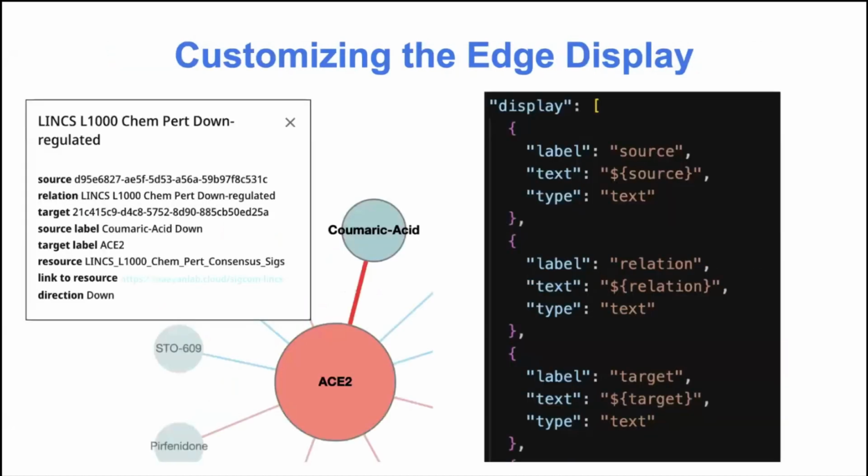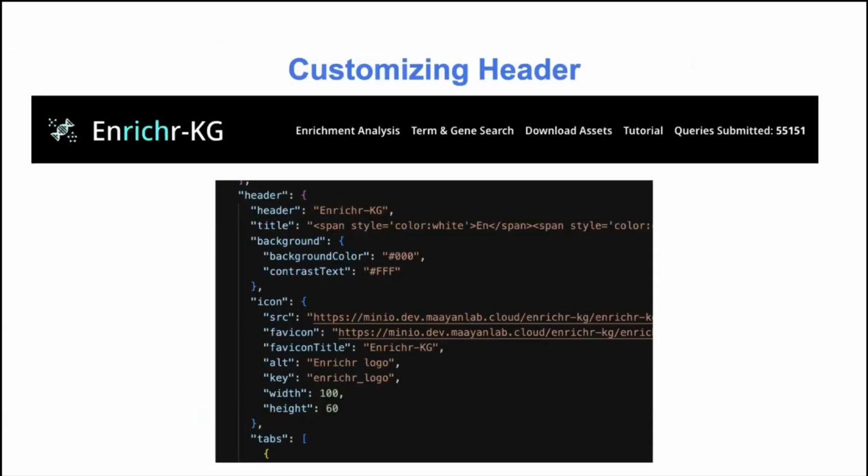And next, edge display. Similar to what we had for the nodes, you have a display property wherein you define the label, the text where in the properties you will get that information, and then the type. And then we have the headers.